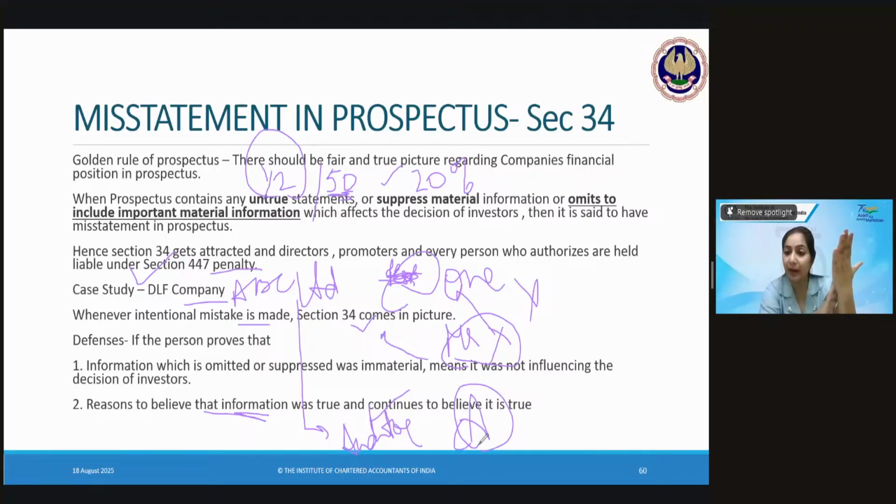Now, he has given me my audit report. I did not find any mistake in my audit report and I have relied on that audit report and made my prospectus. Now, here I am relying on someone's statement. Such audit report is taken in the prospectus. The company's promoters and directors say that we had reasons to believe that whatever is written in my audit report is correct. Then they will not be liable under 447.